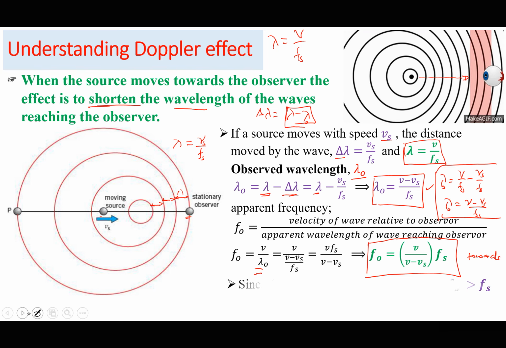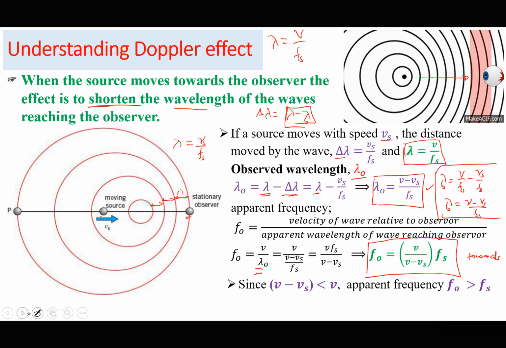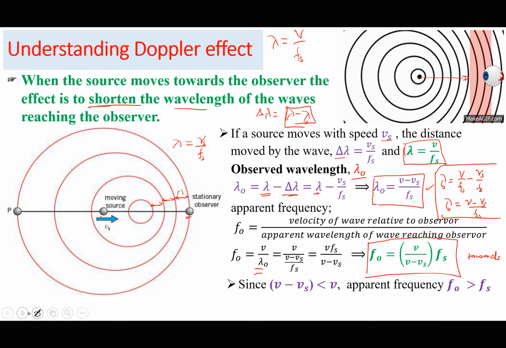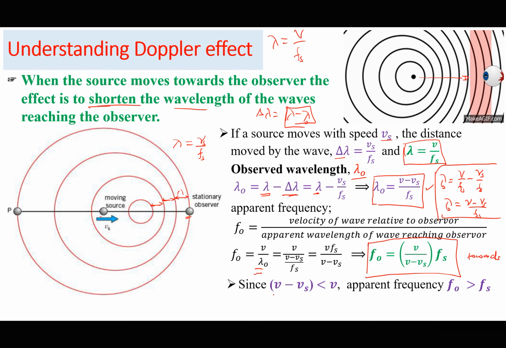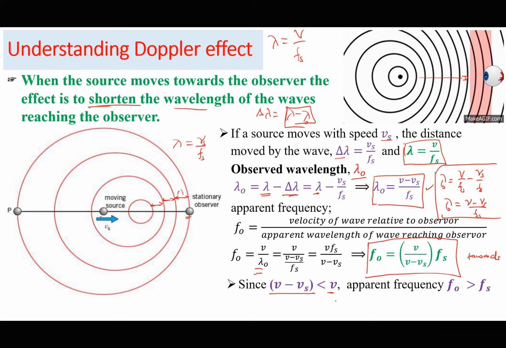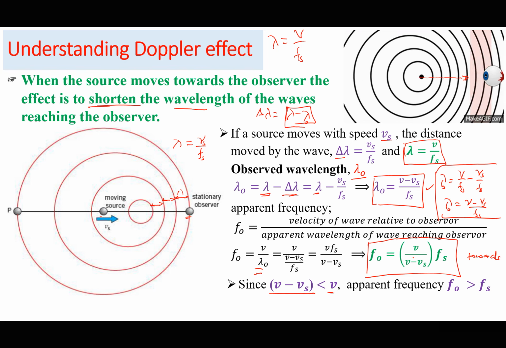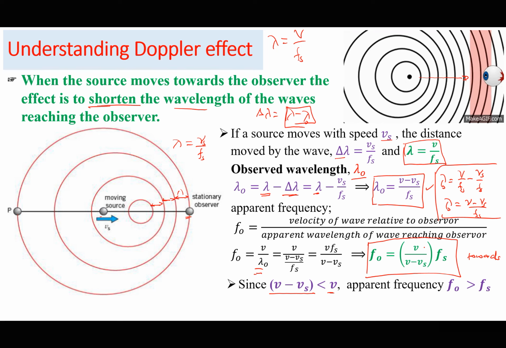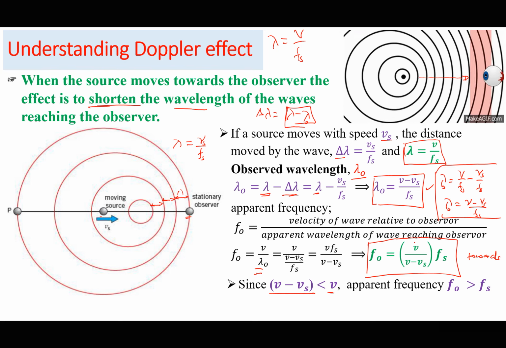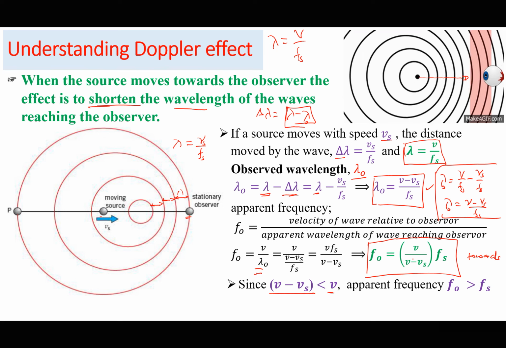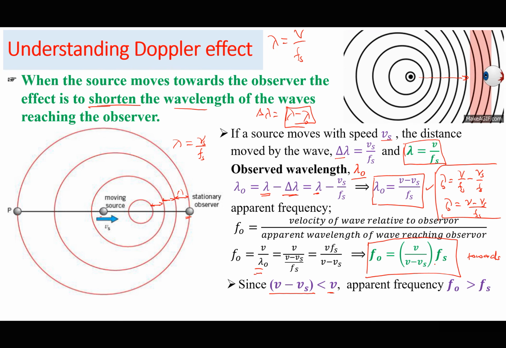So on the other hand, we are going to see what happens if the source moves away from the observer. We notice that V minus Vs is less than V. What does that imply? The numerator is going to be smaller than the denominator, and if the numerator is smaller than the denominator, it means this fraction here is going to give us a larger value, greater than Fs.